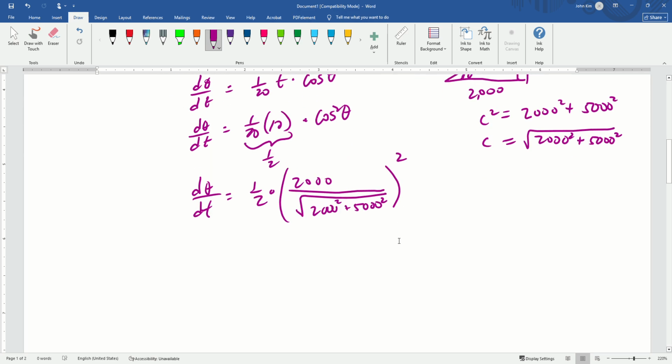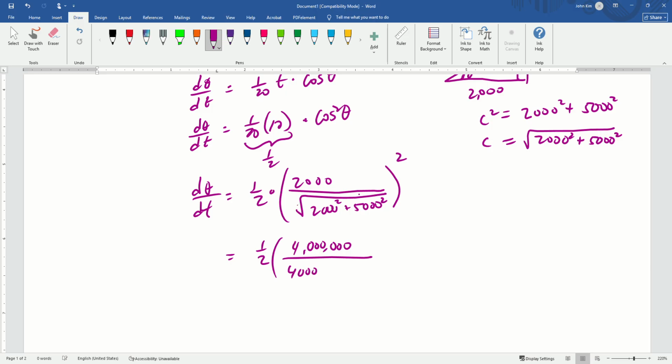So let's figure out, this is where the mistake was. It's a little trivial thing. Not so trivial, but make sure that you get your numbers right, right? It's 1/2 times 2000 squared. It's going to be 4,000,000, 4 million over 2000 squared plus 5000 squared. 2000 squared is 4,000,000.